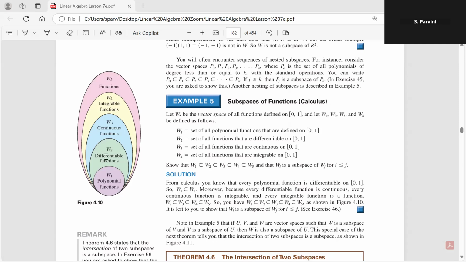But it's not differentiable at 0. So this makes sense. If the function is differentiable, it's continuous. But outside of this green oval, not every continuous function is differentiable. And there you go. So that's the idea of, again, subspaces.